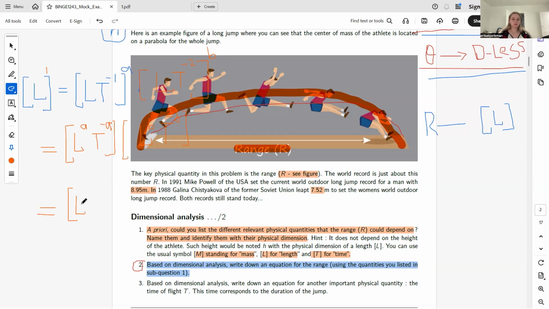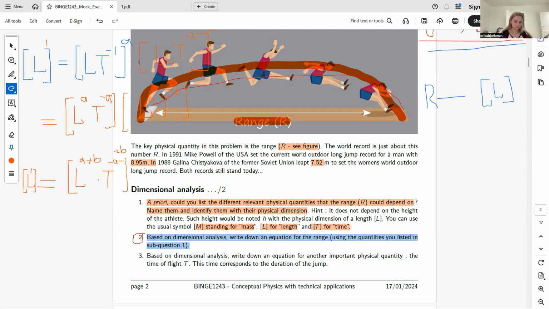Then our relation will become L multiplied by L, both powers will be added, so L raised to the power A plus B. Similarly for the time T, minus A minus 2B, and close the bracket. On the other side, we have only the length L, whose power is just 1.